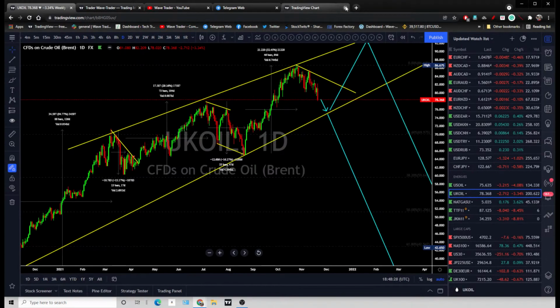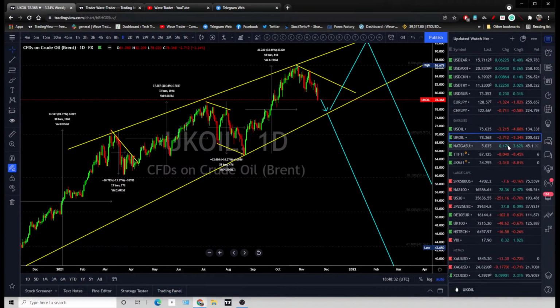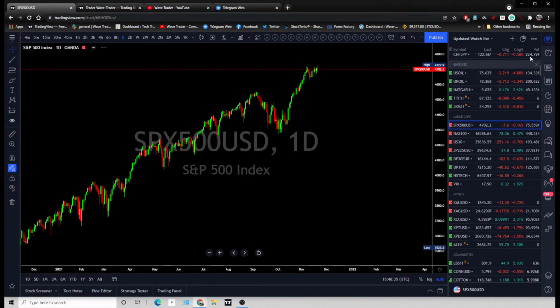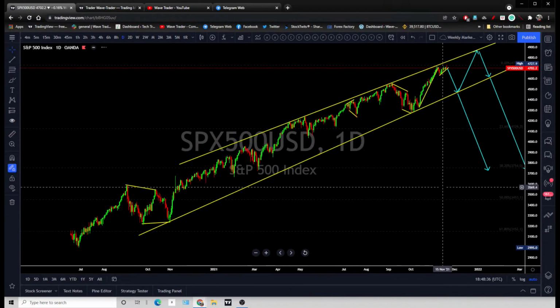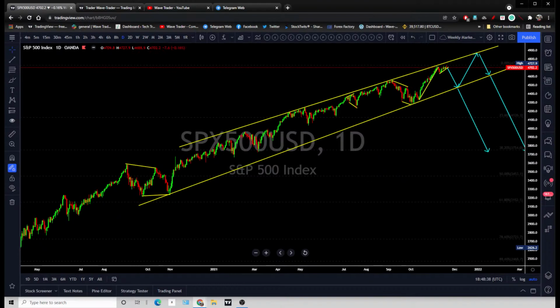So natural gas, I think I should ignore that chart, as natural gas is a very risky chart. Equities are simply pushing higher, and I would suggest you not chase the indices, as they are not chaseable at the current price. But there was a buy the dip opportunity.